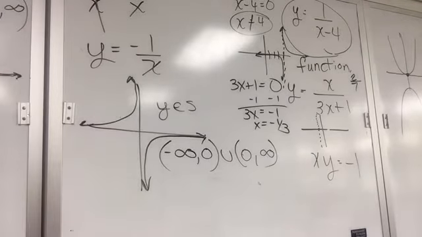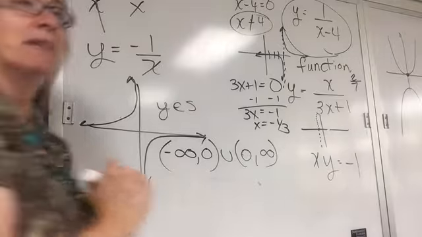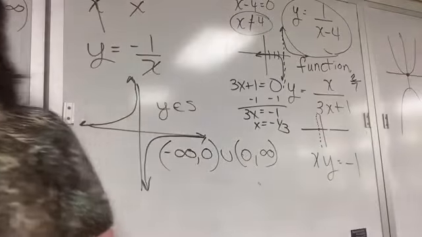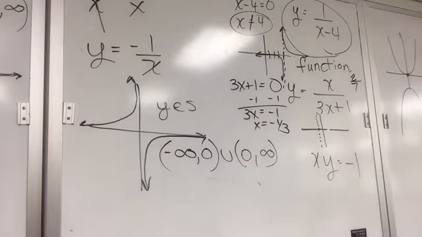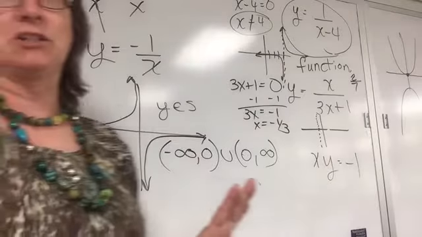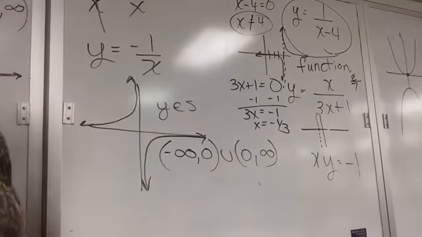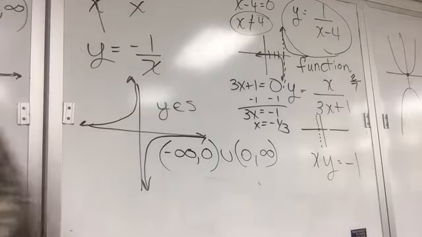You're just excluding the one forbidden point. All right, can you see how much theory of equations comes in when you start to deal with functions and domain and range? That's why I wanted to spend a little bit more time on this material.